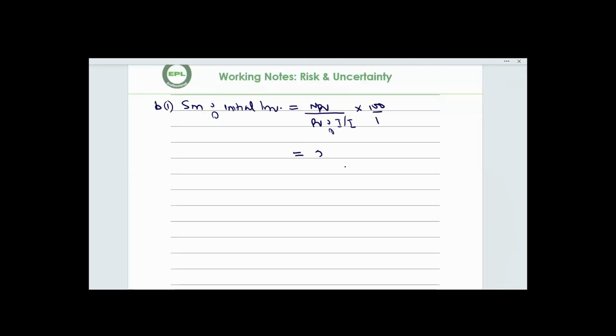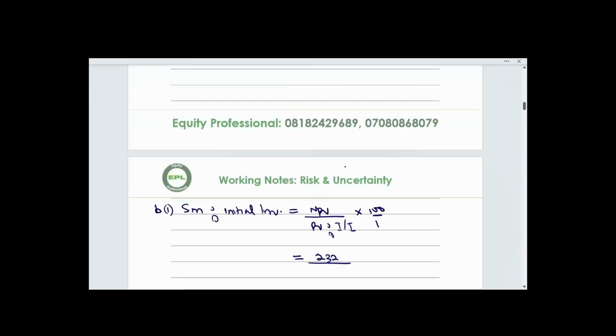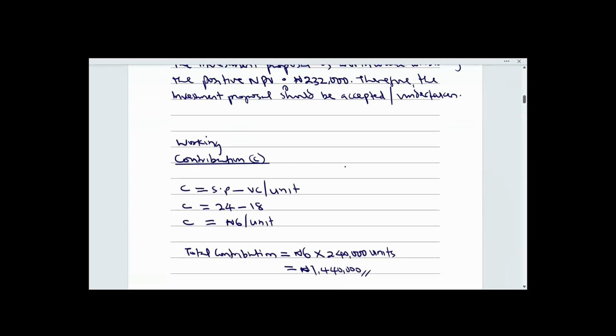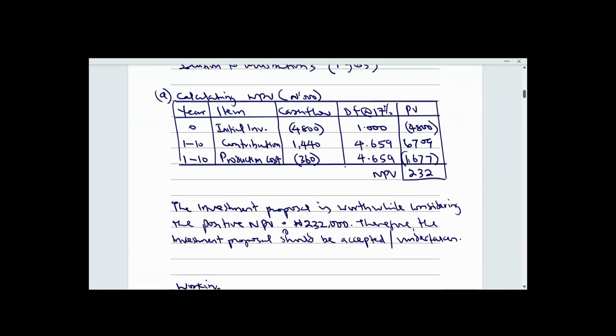So NPV we calculated 232. The PV of initial investment we calculated, 4,800.